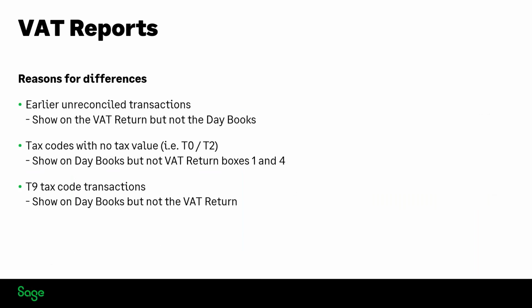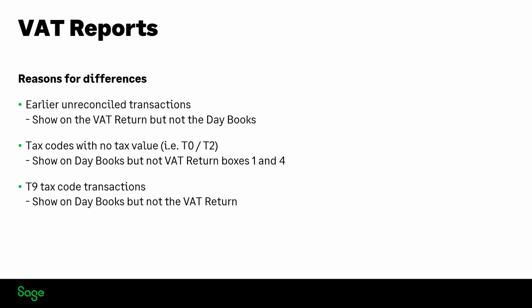So the main reasons for differences, if that's what you're comparing, is obviously the earlier unreconciled transactions, that late entry. They show on the VAT return report, but not your daybook. Tax codes with no tax value, so likes of using T0 and T2, will be included on the daybooks report, as would T9 if you've entered a T9 invoice for whatever reason.